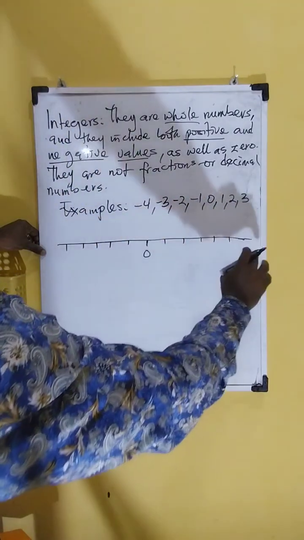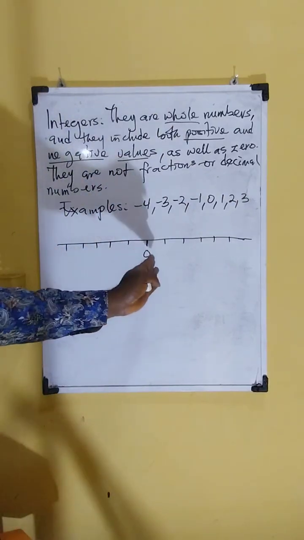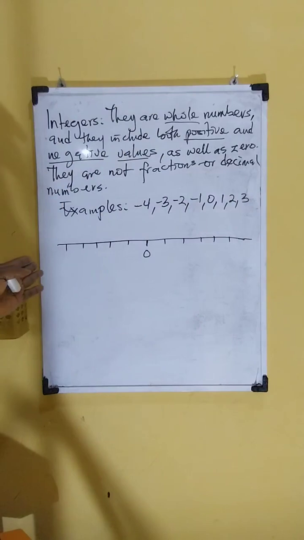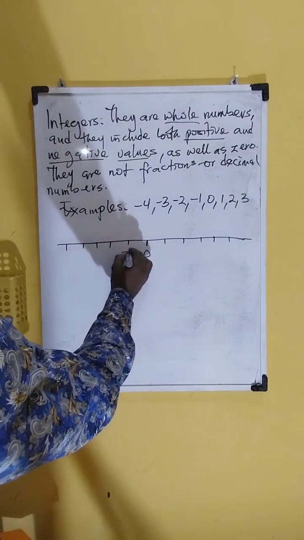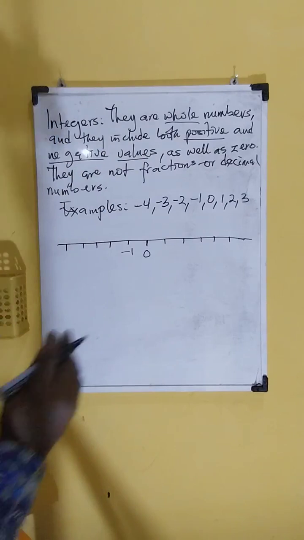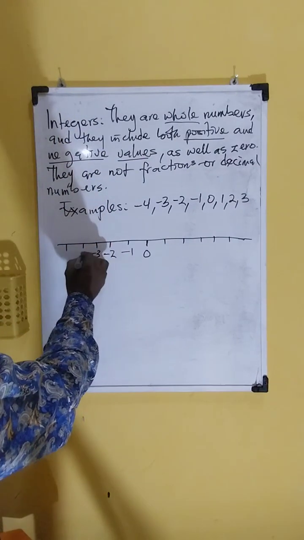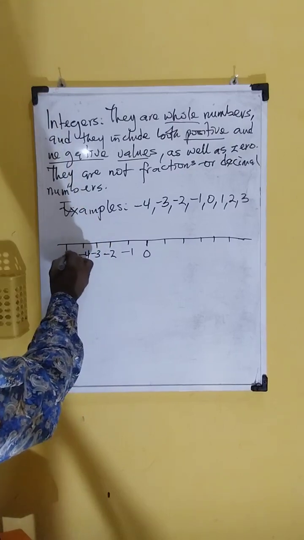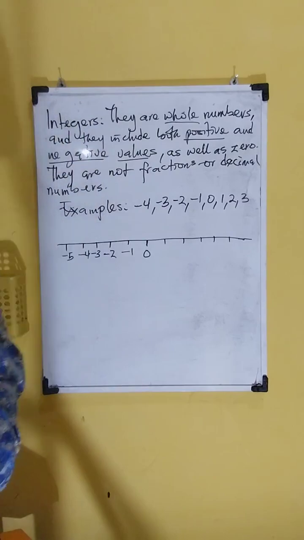This is called a number line. The number immediately after 0 on your left-hand side will be -1, followed by -2, followed by -3, followed by -4, followed by -5. It keeps going.